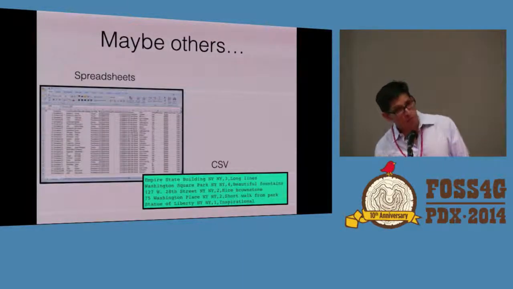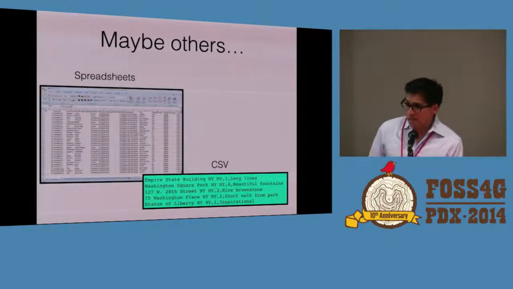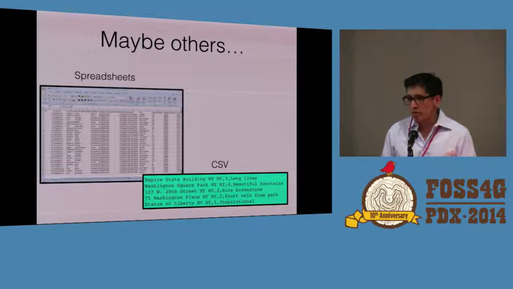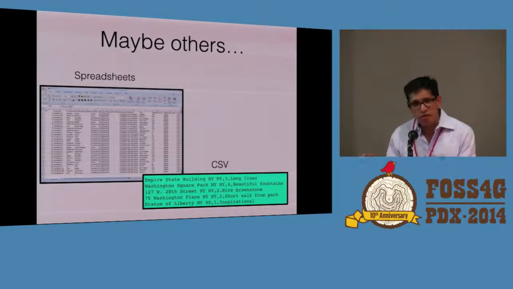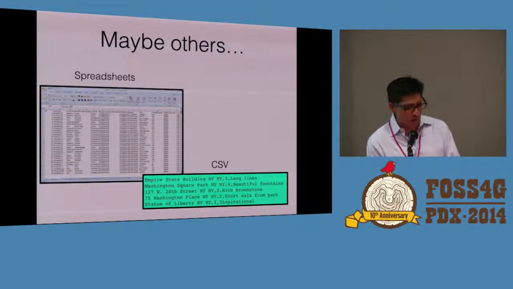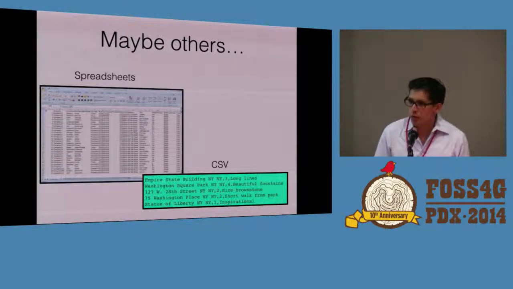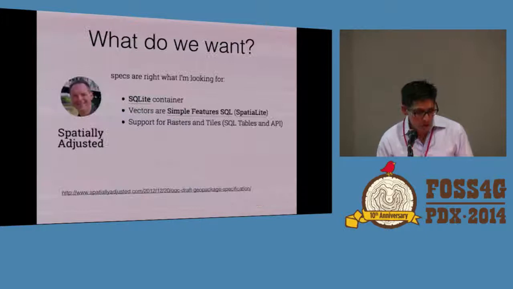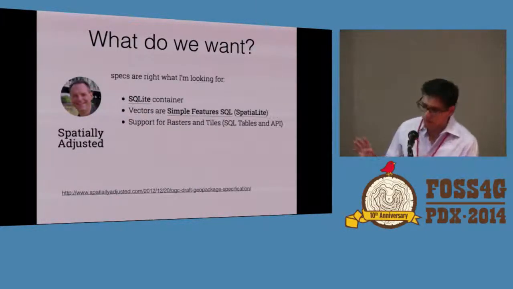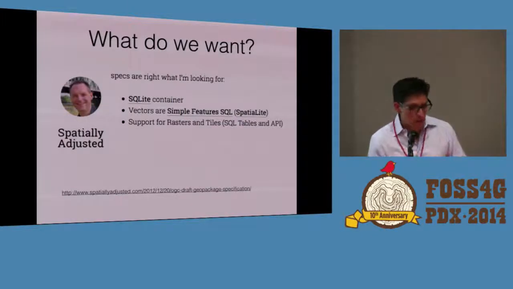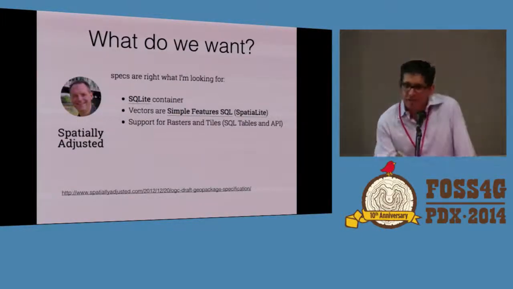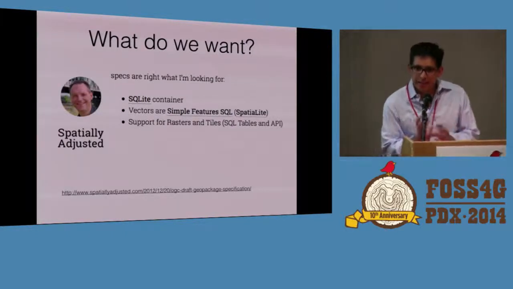You will say, well, maybe others. You can do spreadsheets where you can provide some information about, for example, points of interest, and then you provide the location, or comma-separated values. Yeah, all those sound like a good idea. But what we want, and this I got from a blog on the internet, so I'm not saying it myself, was, well, can we have something that has an SQLite container, right?